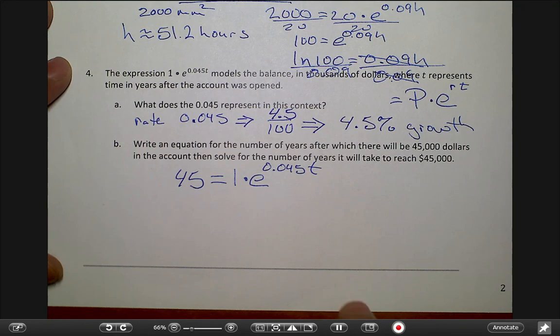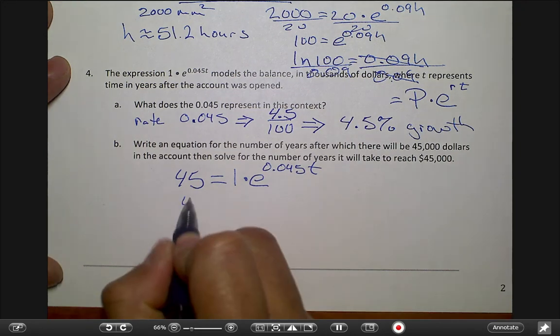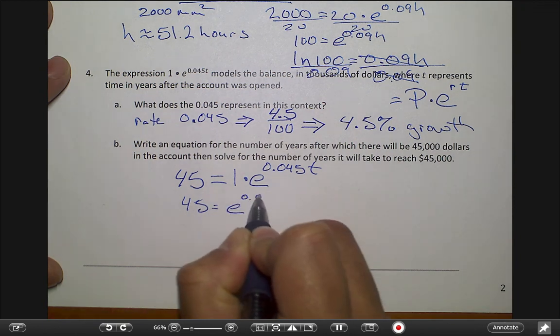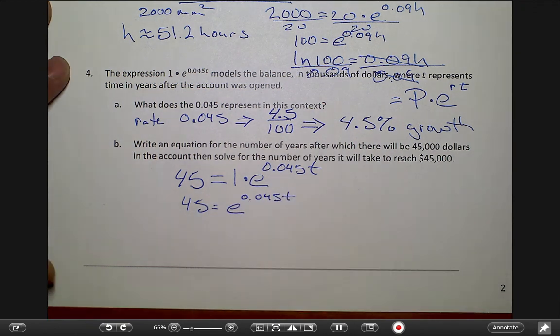Divide both sides by 1, right? So I should have 45 equals e to the 0.045t. What am I doing to both sides now?